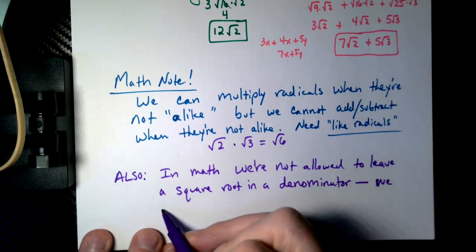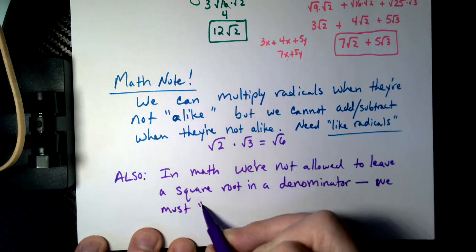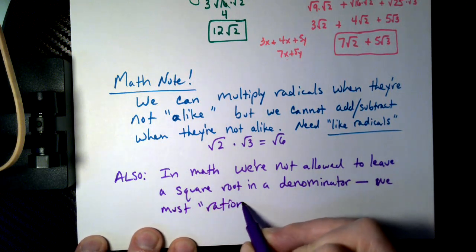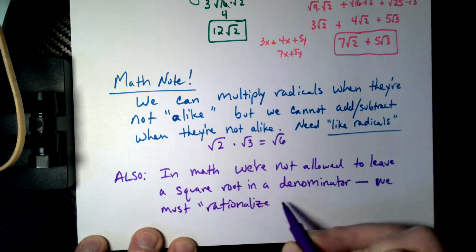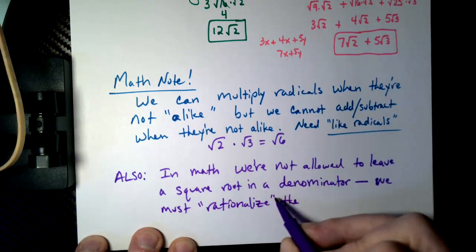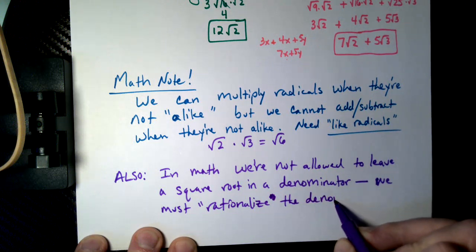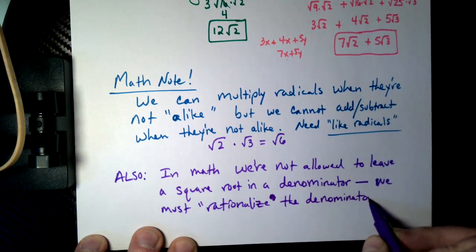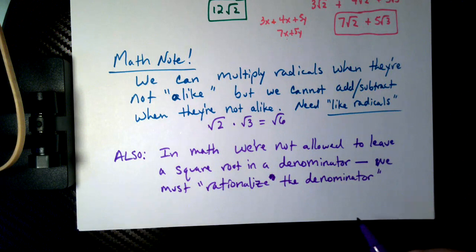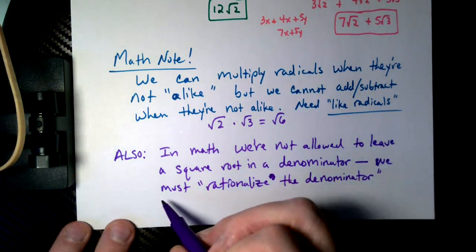We must what they call rationalize. Actually, the whole thing, rationalize the denominator. So it's just a little extra step. The decimal version of it would be the same.